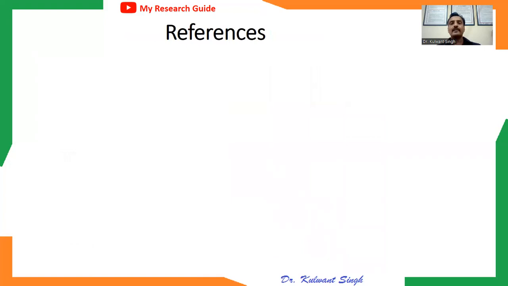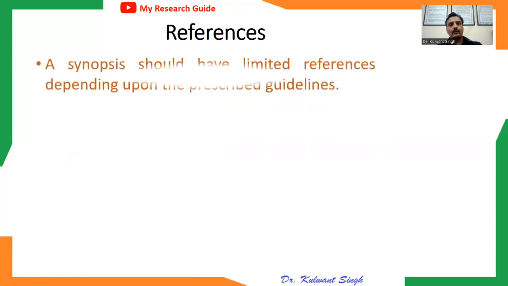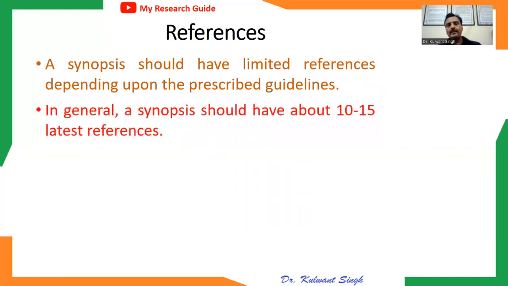Then the next point is the references. We have selected good references, good literature, for citation purposes or to support our research. A synopsis should have limited references depending upon the prescribed guidelines of the institute. In a journal, a synopsis should have about 10 to 15 latest references.